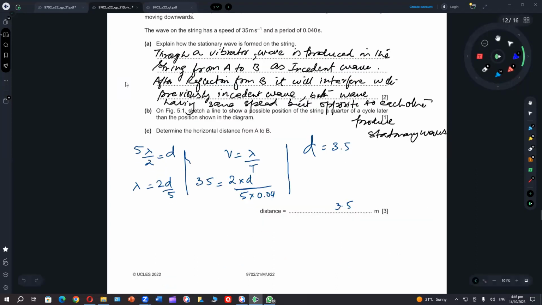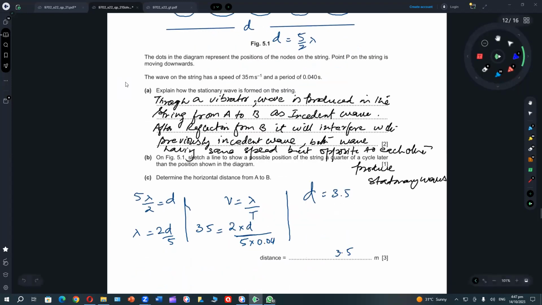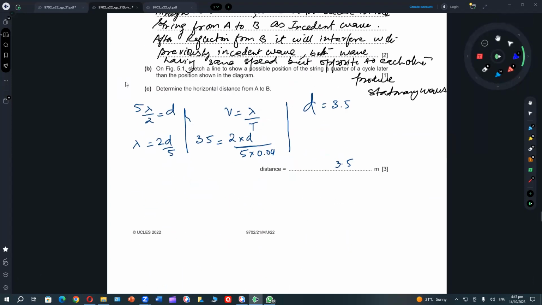After that, determine the horizontal distance from A to B. This is a concept which comes very often. From A to B, you have to count the number of nodes: 1, 2, 3, 4, 5. There are 5 gaps, so it will be 5 lambda by 2. So lambda is equal to 2d upon 5.